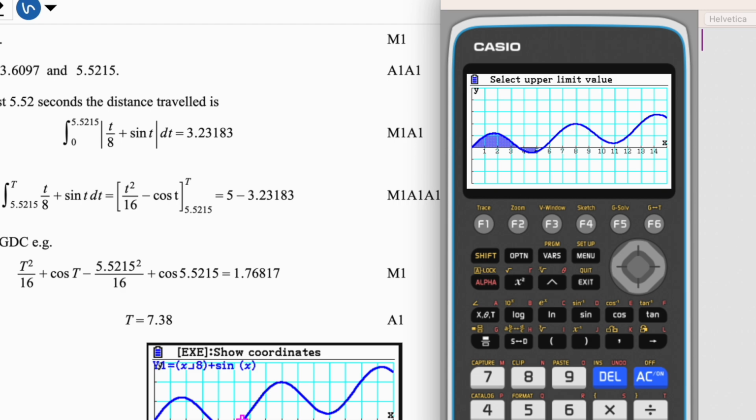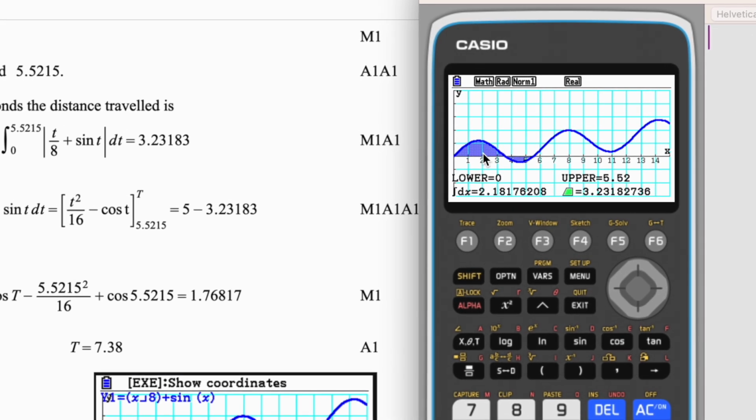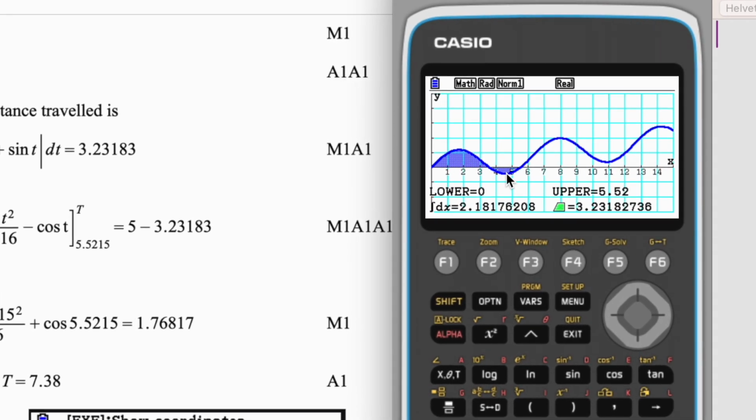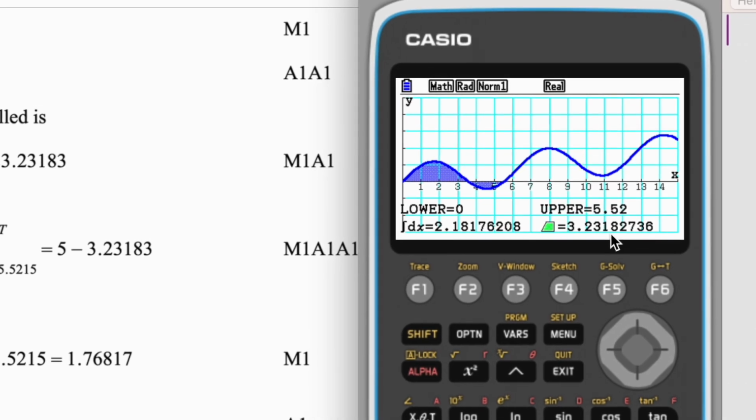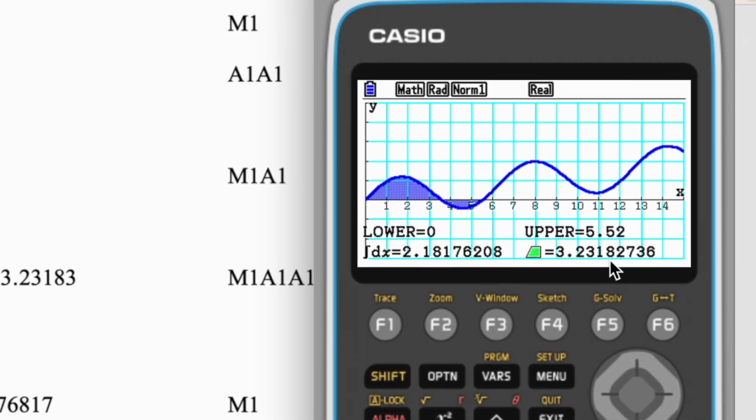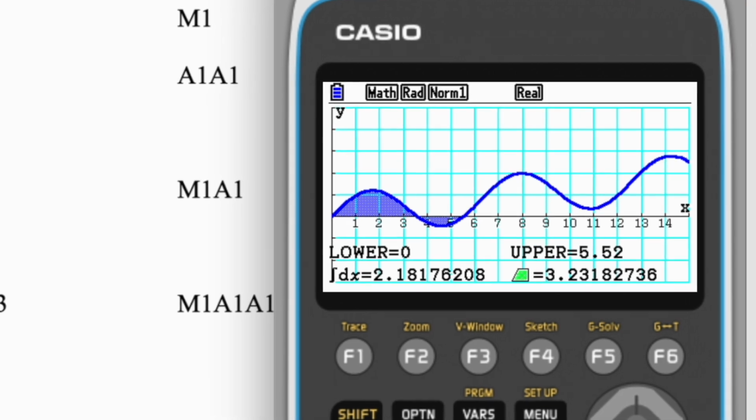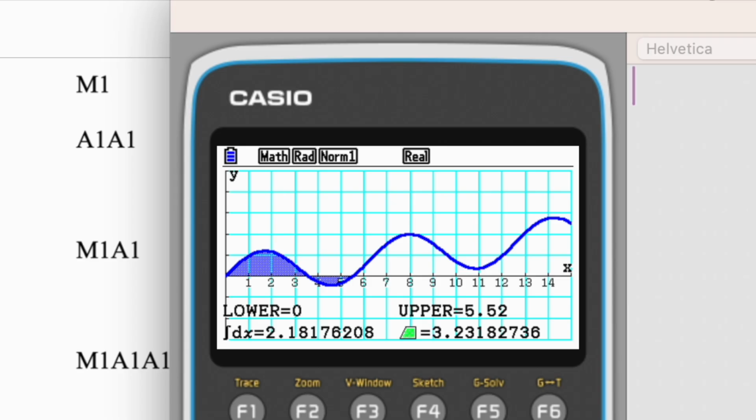So as you can see here, I have area above the x-axis and below the x-axis, but the total area is 3.231, and that's what we got, 3.23183. So if you would have integrated, you need to use these absolute value signs so that you get your answer as positive. Otherwise, you can find out separately for the above x-axis and below x-axis, then add them up. So that was the first part.